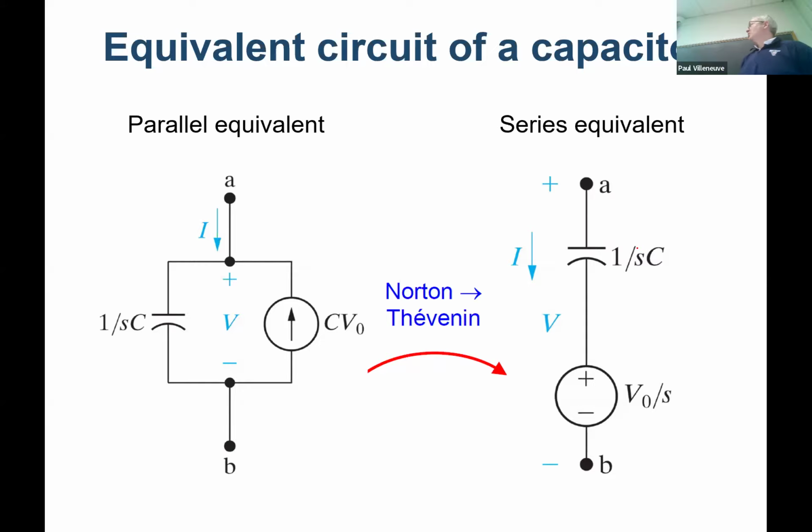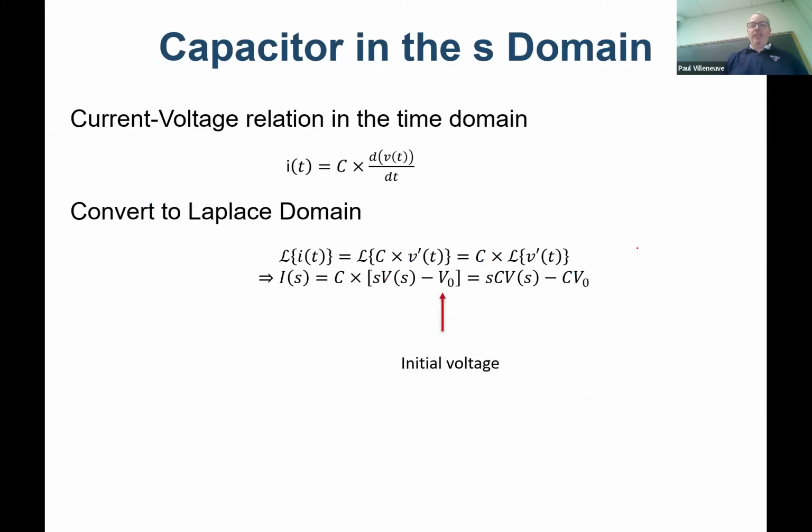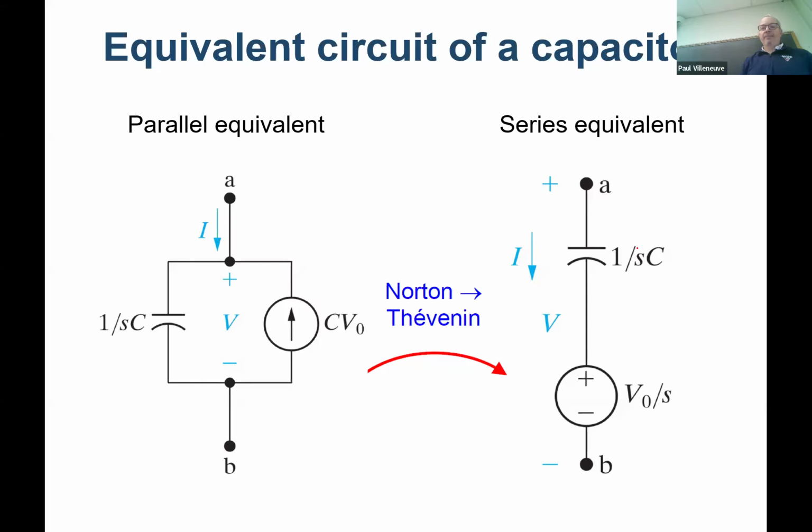And we either have a power supply that's a voltage or a current, depending on your application. And you'll notice it's got either the CV0 or the V0 divided by s. It really just depends on which one you're trying to do. And that comes from here. Just a Thevenin or Norton equivalent to go to the series equivalent or go back to the parallel equivalent.